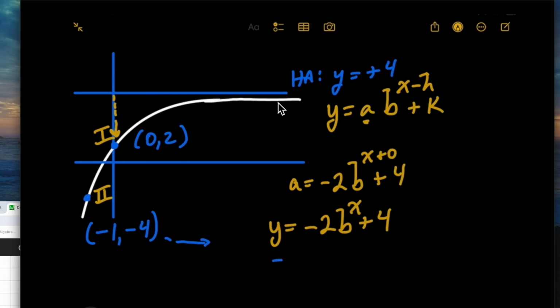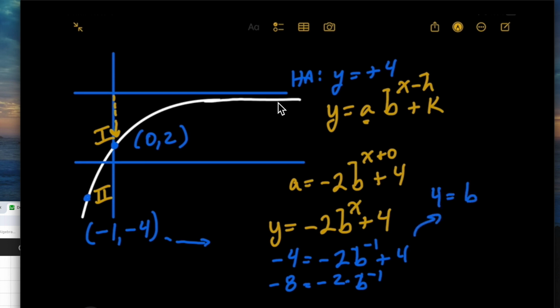Our y value is negative 4, is going to equal negative 2b to the negative 1 power, that's our x, plus 4. That's going to give us negative 8 equals negative 2 times b to the negative 1. We're going to divide both sides by negative 2, and we're going to get 4 equals b to the negative 1. Therefore, b equals 1/4.